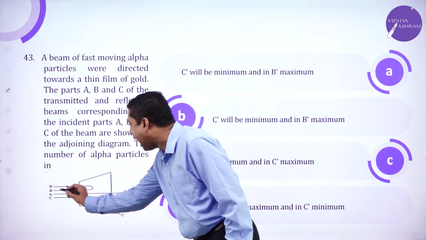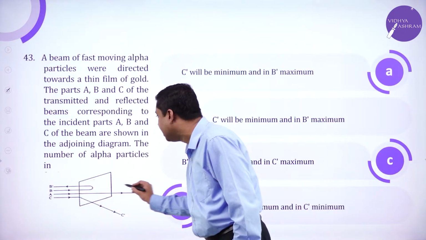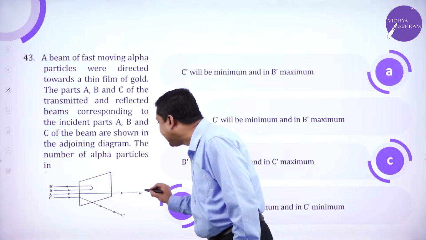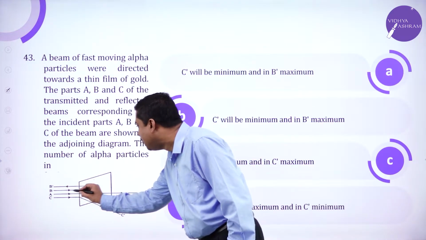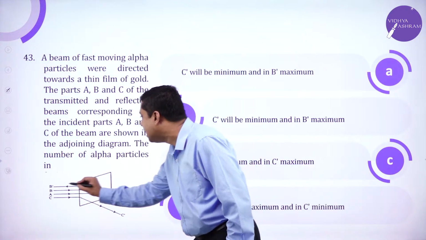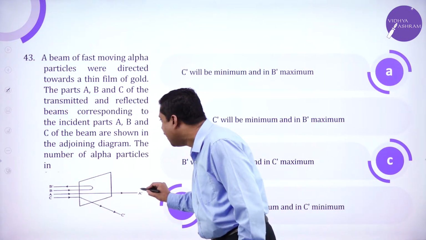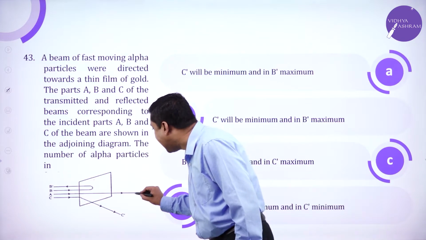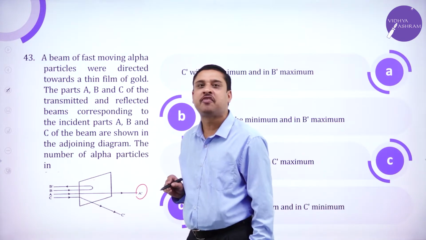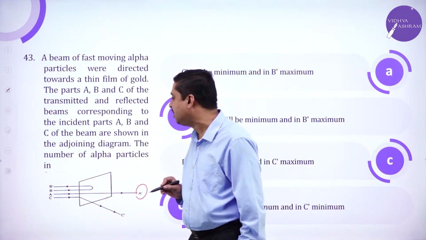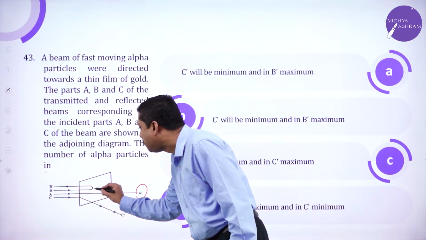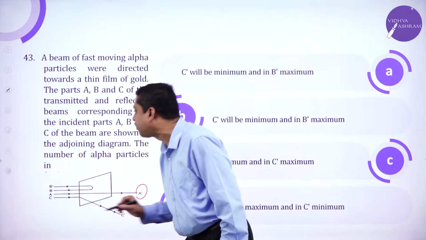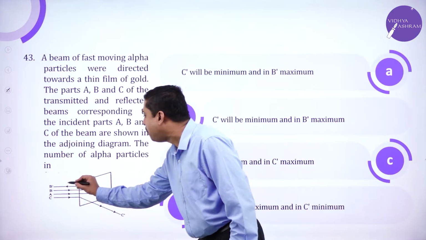Now, this is the typical diagram of the alpha ray scattering experiment. You see, at A dash, the particles have traveled straight without any deviation. There is a straight line without any deviation, which means at A dash, most of the particles have traveled. At B dash, there is complete coming back of the particles.